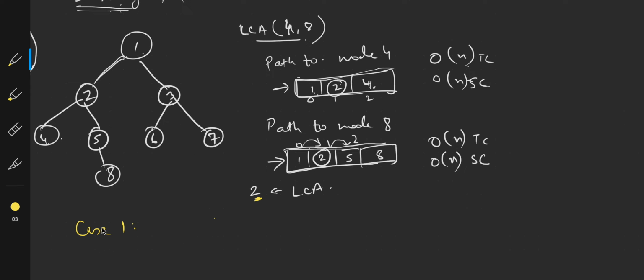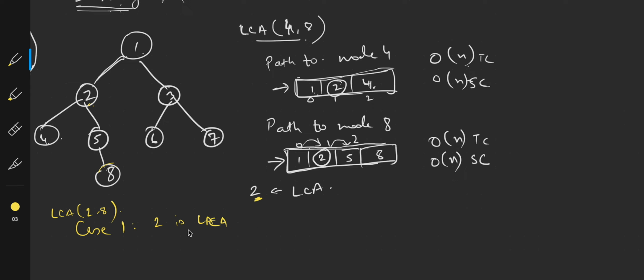Suppose we are looking for the LCA, lowest common ancestor, of 2 and 8. In this case 8 is in the right subtree of 2. It means that 2 is the LCA here. 2 is the lowest common ancestor because 2 is the ancestor of itself and 2 is also the ancestor of 8. So that's why 2 is the lowest common ancestor of 2 and 8.